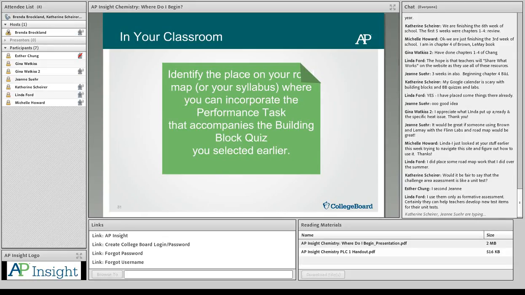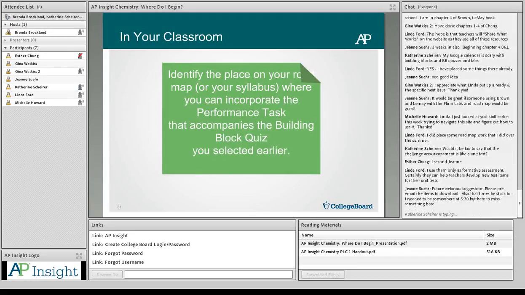It helps you as an instructor to see how they're scored, so the rubrics that are included are really nice. And you can see we've got some people who are doing just formative assessment with them. I love the idea of using them as a baseline to help create new test items for your unit.